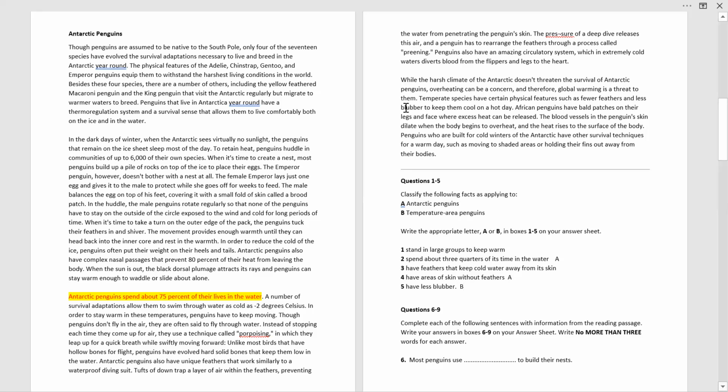Here they have written that African penguins have bald patches. The blood vessels in penguins dilate on a warm day, such as moving to shaded areas or holding their fins out away from their bodies.